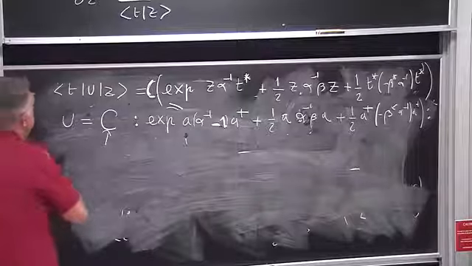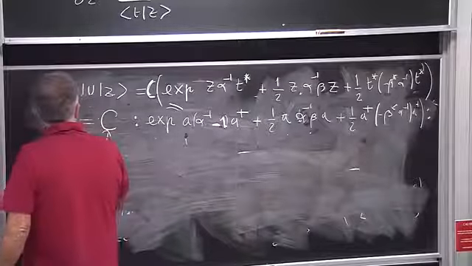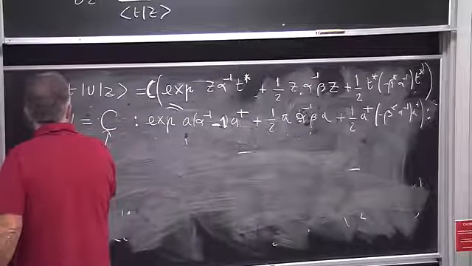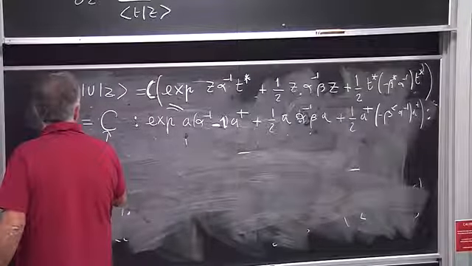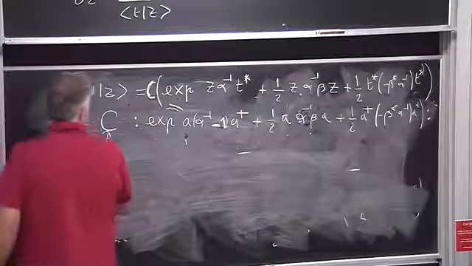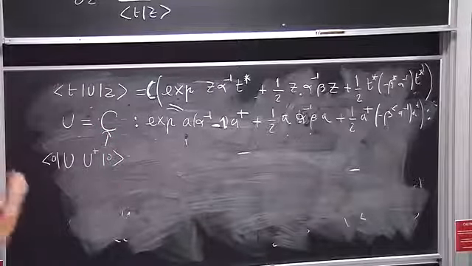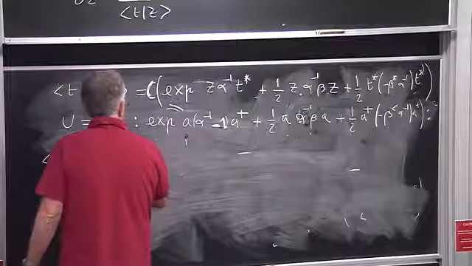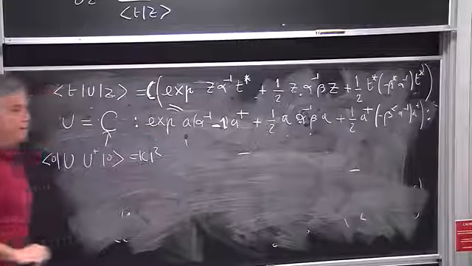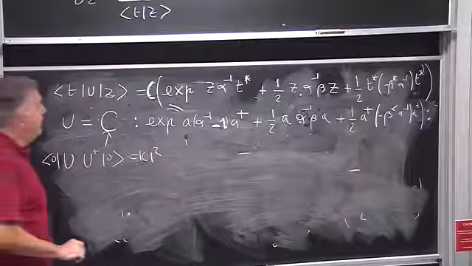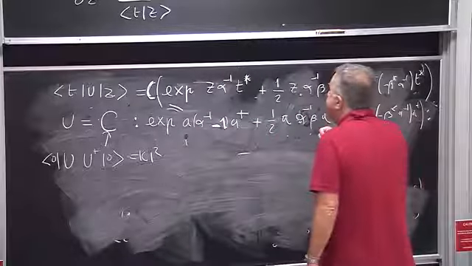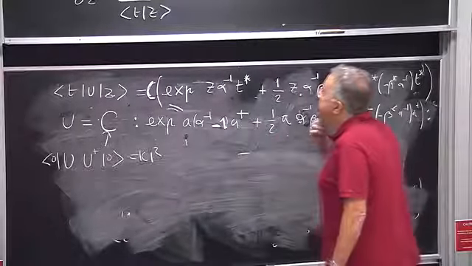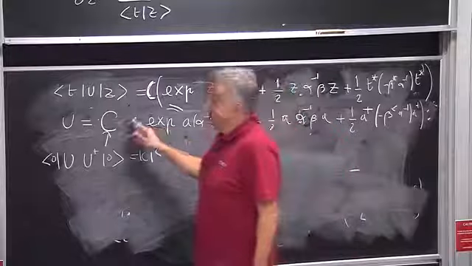The only thing that remains to prove is what this constant is. When you apply this to the vacuum, you get C squared, because when you apply it to the vacuum, all that remains is the identity.